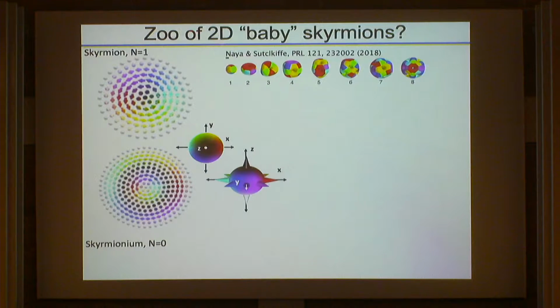That of course could be inspired by the fact that in nuclear and high energy physics you have all of these different higher degree skyrmion structures that correspond to subatomic particles with different baryon numbers.